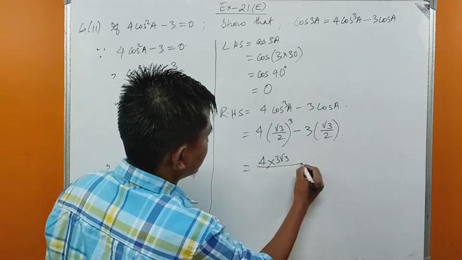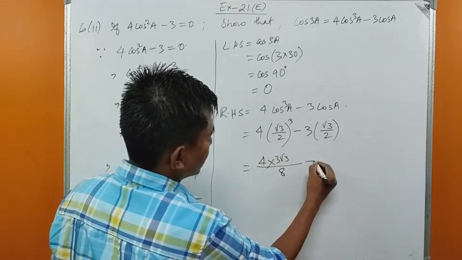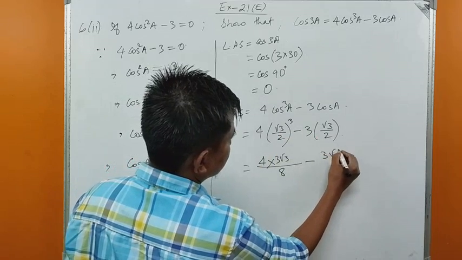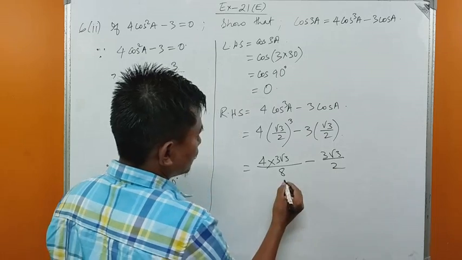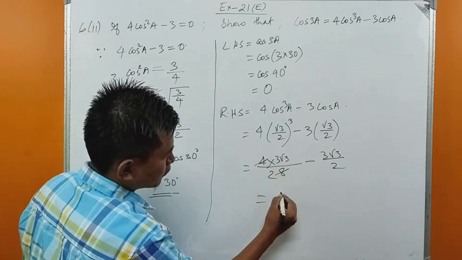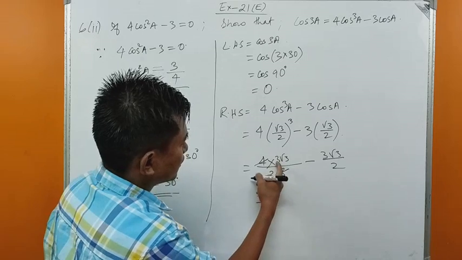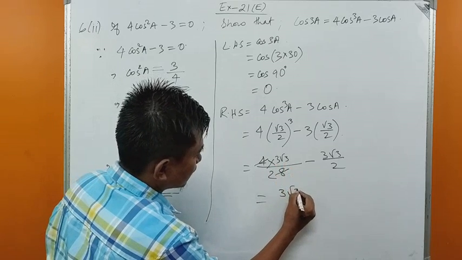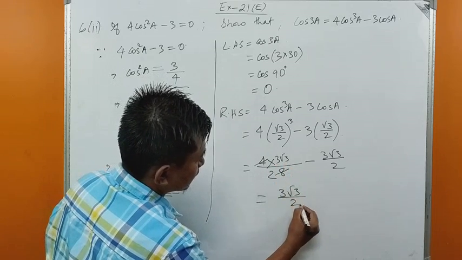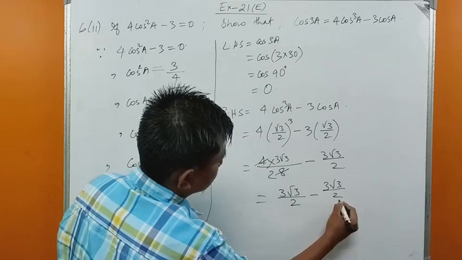Similarly, 2 cubed means 2 into 2 into 2, that is 8, minus 3 root 3 upon 2. So 4 ones are 4, 4 twos are 8. 3 root 3 upon 2 minus 3 root 3 upon 2.